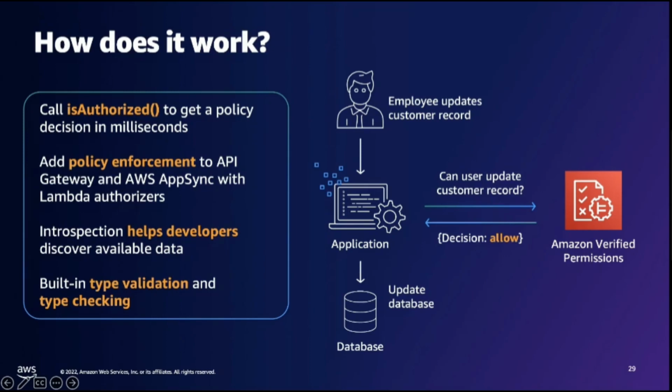So in this situation, an employee wants to update the database, and the application, before it allows that to happen, makes the request to Amazon Verified Permissions just to check if this person is allowed to do that. If the decision is that this person is allowed, depending on the rules and the attributes that you've set, then a response is sent back to the application, and the application allows that employee to update the database. So that's how it works.